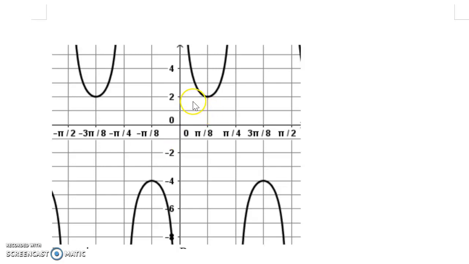So taking a look at this, I notice there's a local maximum at -4, and there's a local minimum at 2. That means the center of the graph should be somewhere in between those 2 points. If I take the midpoint formula between y equals 2 and y equals -4, I will get y equals -1. If you remember, the midpoint formula is the average of the 2 values.